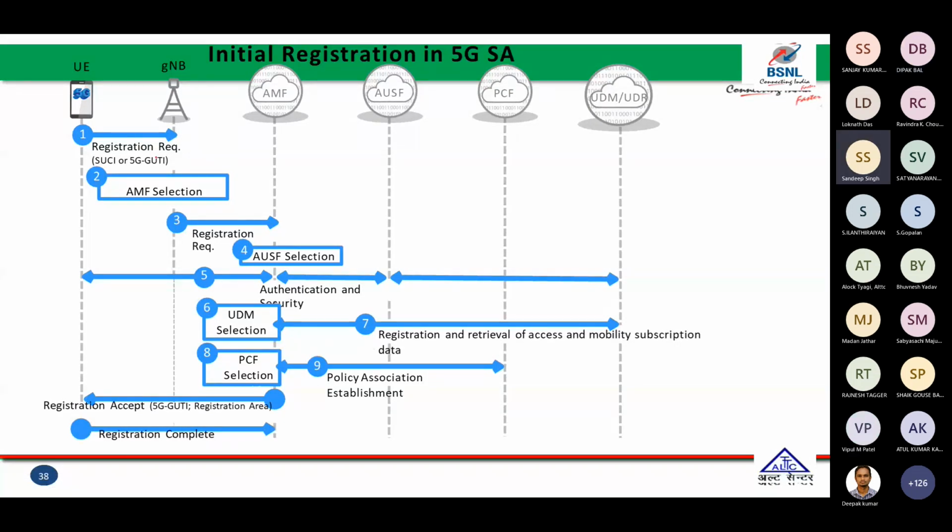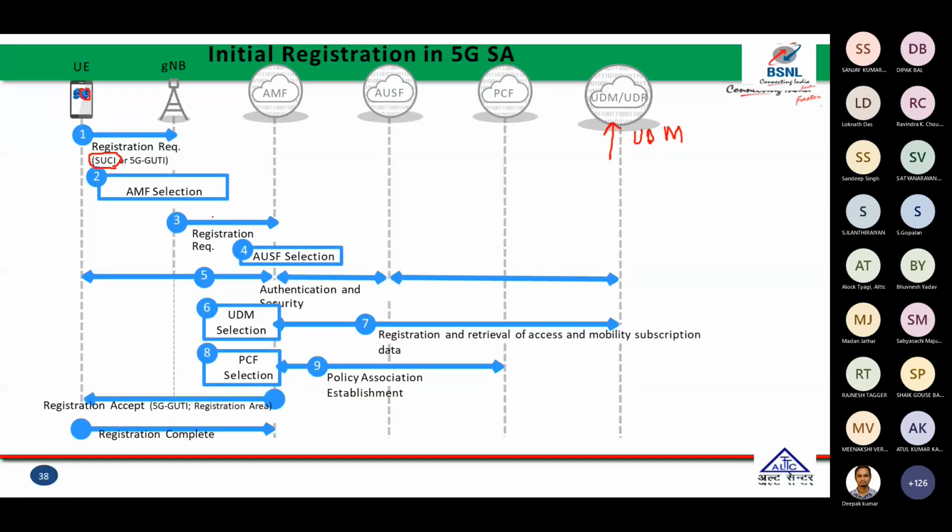The SUCI is used when your mobile is first switched on. This is the concealed identity, and the one who deconceals the SUCI in the core network is the UDM. UDM is responsible for deconcealing the SUCI so that it knows who the user is. SUPI is stored in the UDM as well as on the UE side.